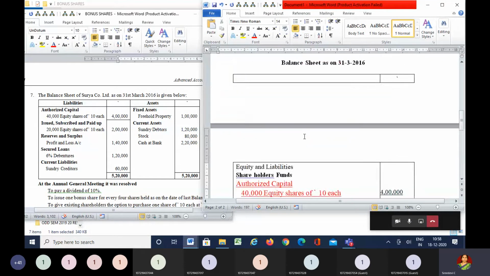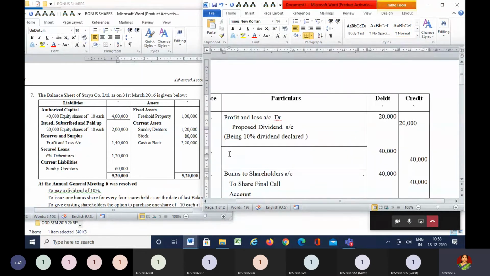So to pay the dividends, the entry will be proposed dividend account debit, that is 20,000, to bank account. Here the assets of the balance sheet are also being affected.